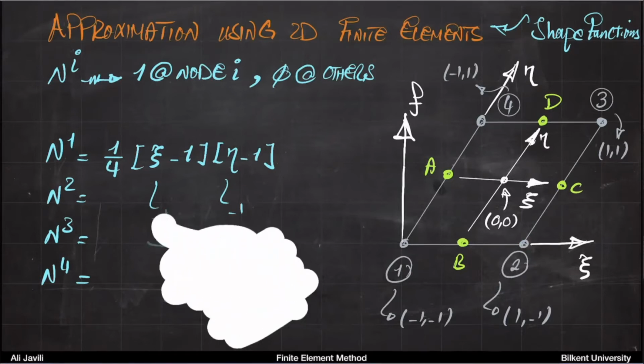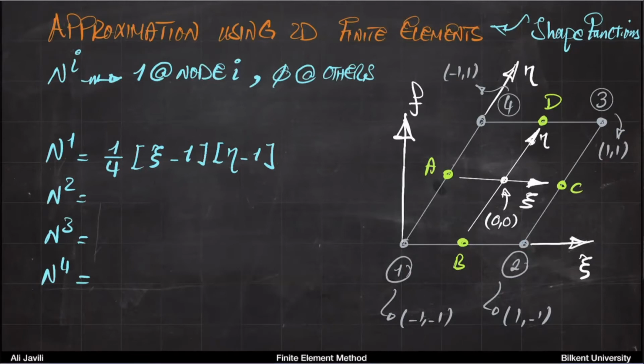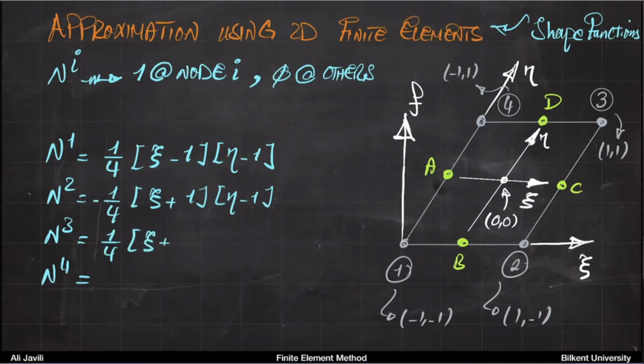Now, this was N1. Then we have N2. You play the same game. For N2, it would be 1 over 4, xi plus 1. If I write it as eta minus 1, there must be a minus here. I hope I don't make mistakes, but you get the idea, even if I make mistakes while writing them.